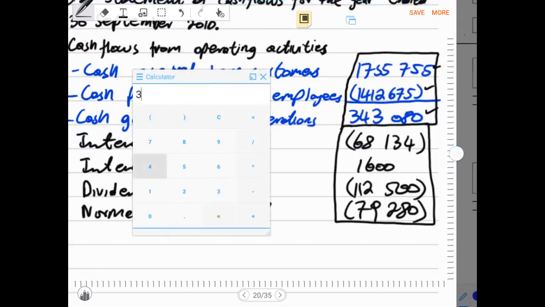So now I can just say 343,080 minus 68,134 plus 1,600 minus 112,500 minus 79,250. Then this gives us 84,007. Let me just confirm all the calculations.